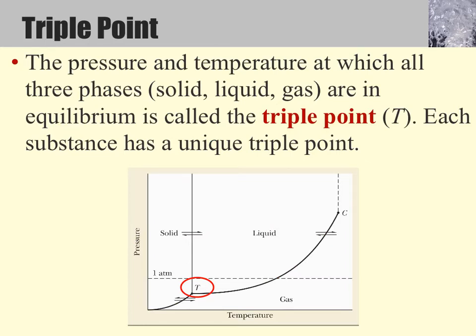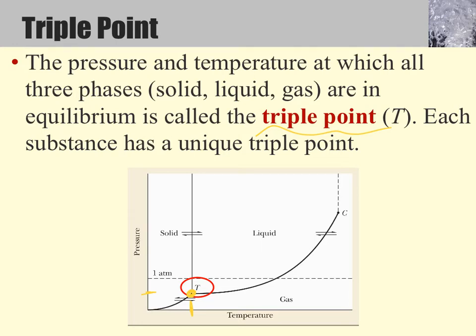There are a couple of specific areas on a phase diagram that you need to be familiar with. One is right at the apex or the junction of the Y, and that is called the triple point. That is the pressure and temperature at which all three phases of a substance are present in equilibrium.